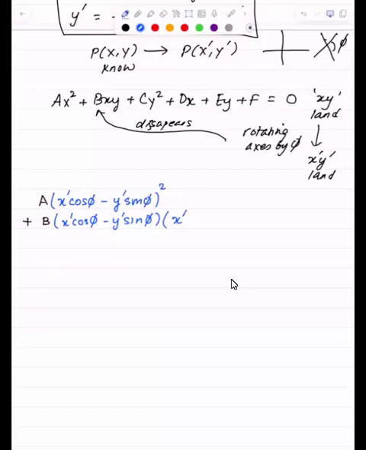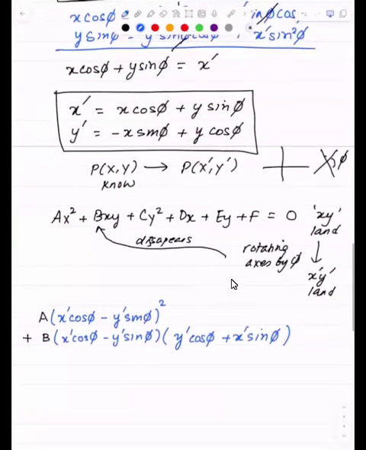The x was x prime cosine phi minus y prime sine phi, and the y is, I'm just forcing myself to remember, sorry, the y is y prime cosine phi plus x prime sine.